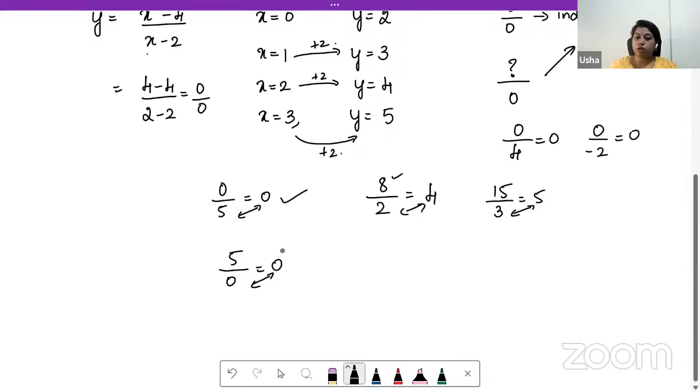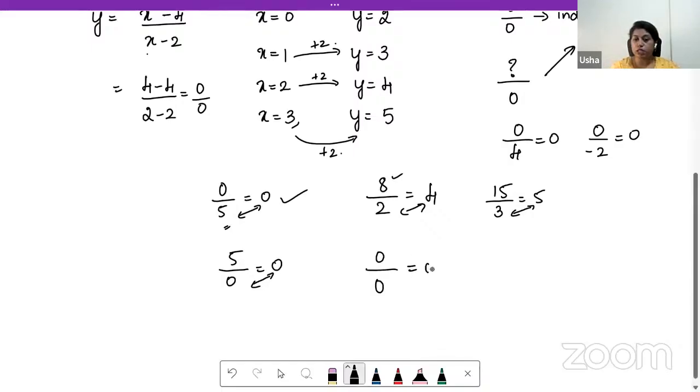No. You cannot write any number here such that when multiplied by 0, you get 5. So what is division basically? The divisor and the quotient, if you multiply, you should get back the number that is being divided. When you are dividing a number by 0, whatever number you write as the answer, when you multiply it with 0, you will not get back 5. Therefore, division by 0 is not defined.